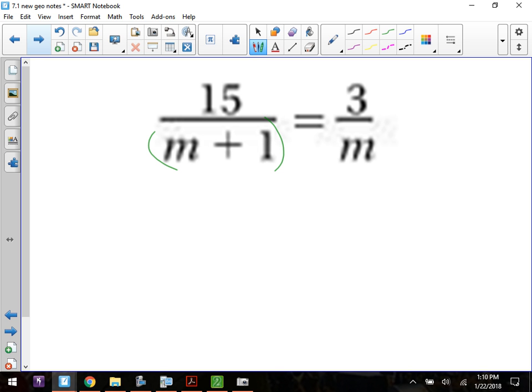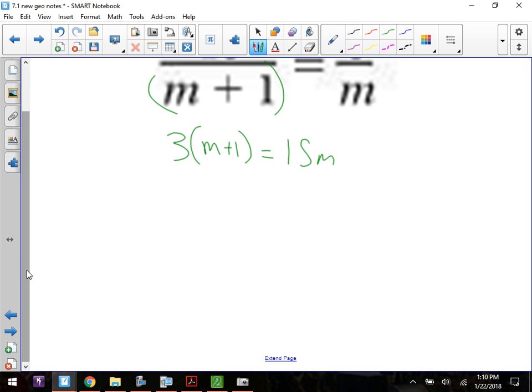Because so many times, this is the part where you'll make a dumb mistake. It's 3 times the quantity m plus 4 equals 15m. You have to remember to distribute that 3 to both parts of the stuff in the parentheses. It's a hugely forgotten thing. I had a question on my honors Algebra 2 final that was very similar to that, and even those guys still forget to do that. So take 2 seconds. Draw those dumb little arrows going into it just to remind you to do that.